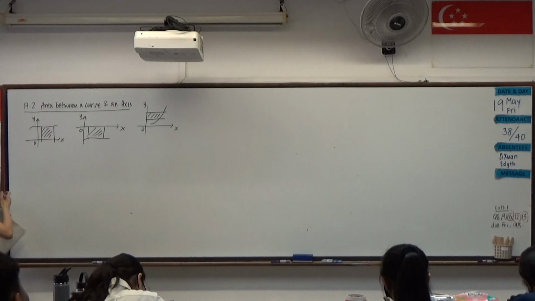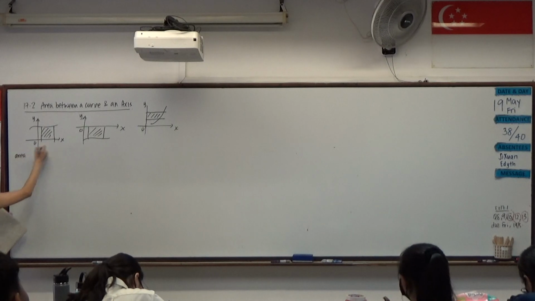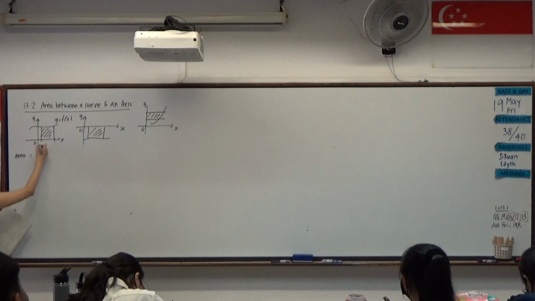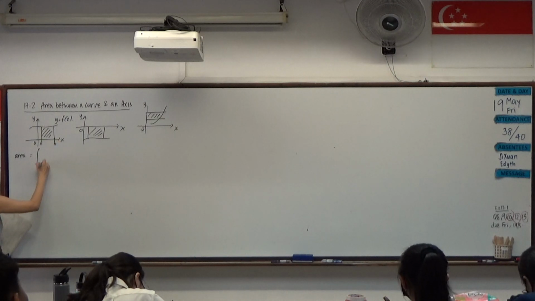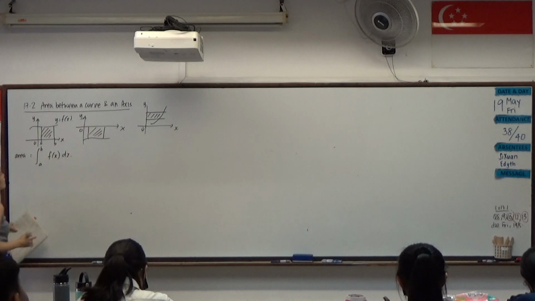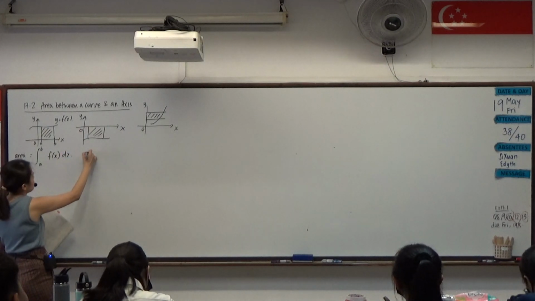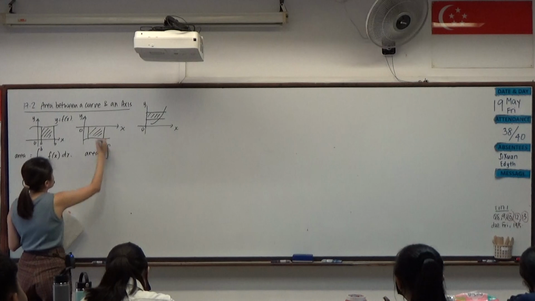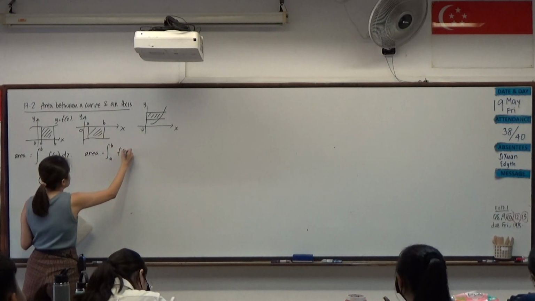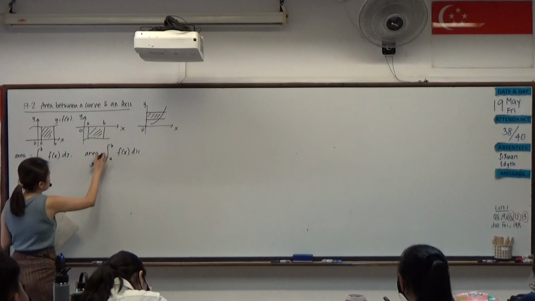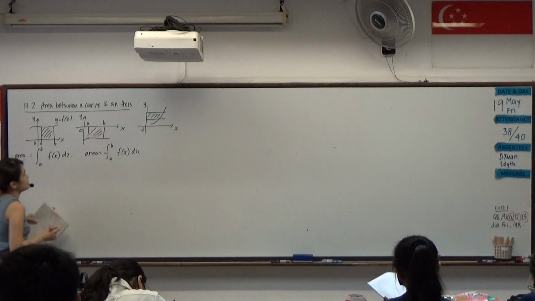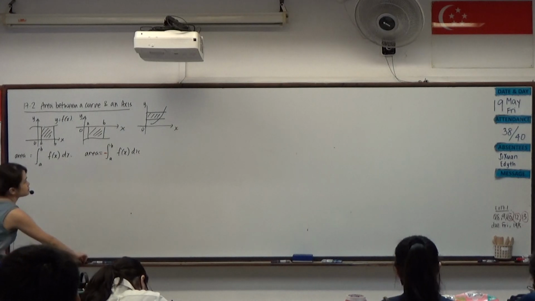Whereas the very first case, to find out what is the area, we are integrating our f(x) from a to b. And then for this one, it will still be from a to b, just that we have to apply the negative sign, because it is below the x-axis.